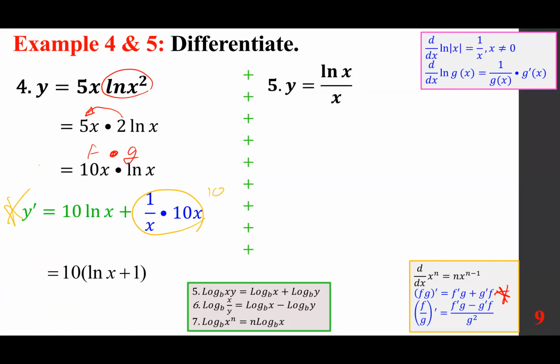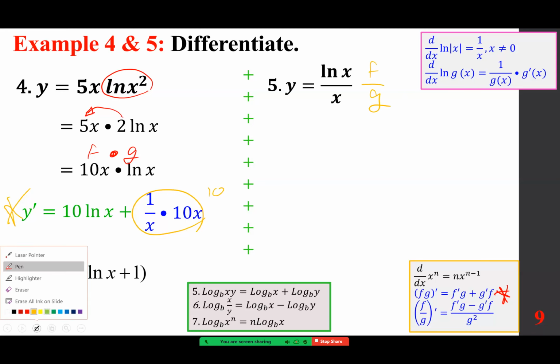What about this one? I'm going to write this as f over g. And I'm going to use the quotient rule on that. Therefore, I need f prime g.